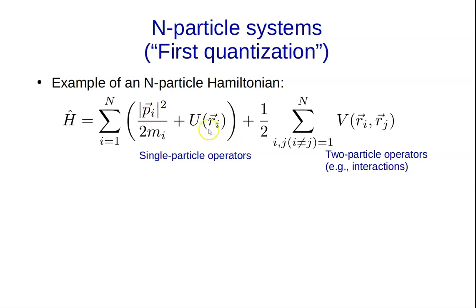Each of these depends only on the canonical coordinates of a single particle, either the position or the momentum. And last class we talked about Hamiltonians of this type, the single particle Hamiltonians, as we mentioned. If you haven't seen the class, I'll try to remember to put a link over here.